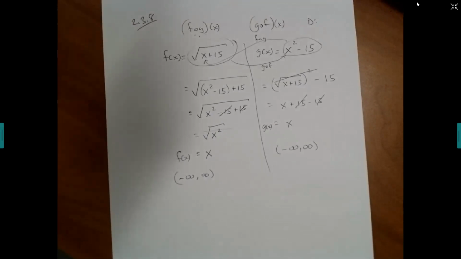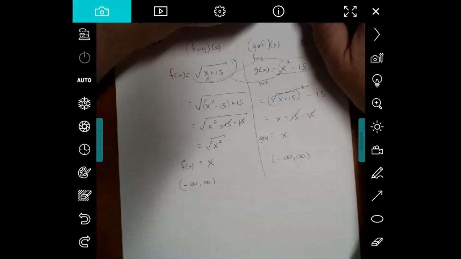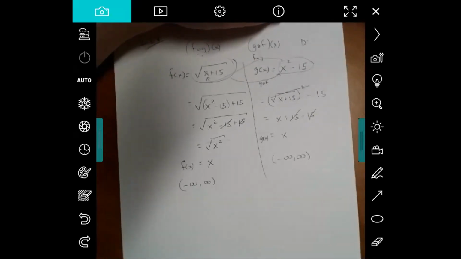So what do we know about f of x and g of x? They are inverses of each other. So f of g of x is, I hate when this happens. It's the square root of x squared.